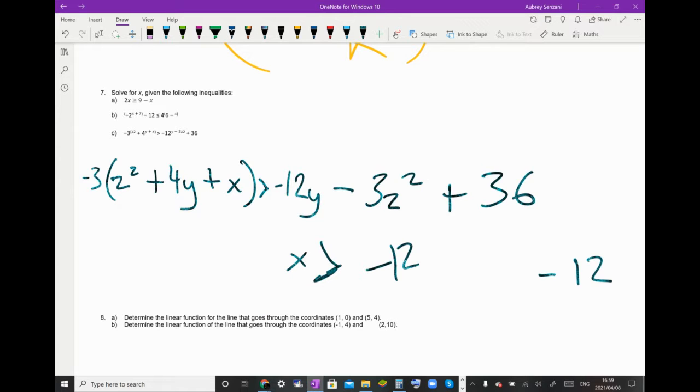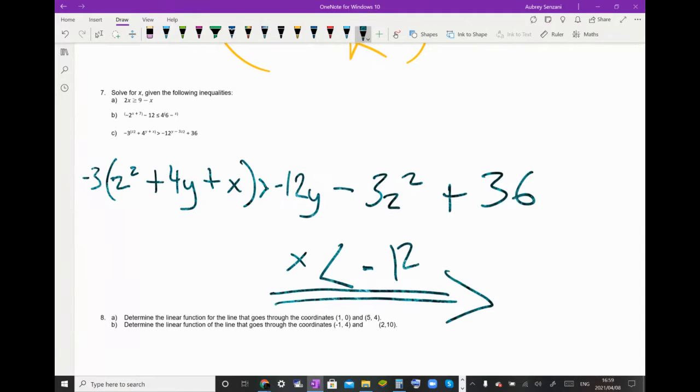Okay, but then since we divided by a negative, we then need to turn our inequality over. Okay. What if we just take negative 12 to the other side? Okay, never mind. That's fine.